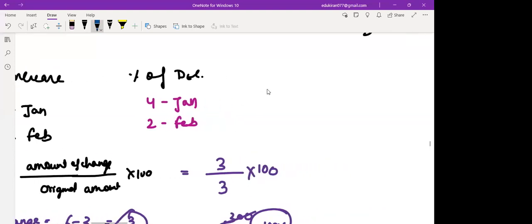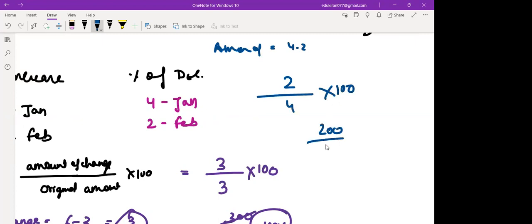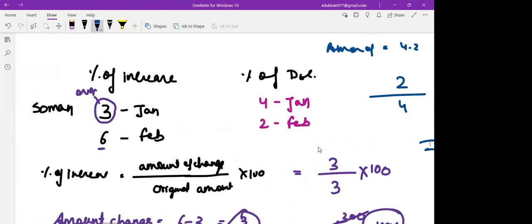The amount of change would be 4 minus 2, so 2. What was the original number? He scored 4. Multiply by 100, so 200 by 4. That means there is a 50% decrease in his marks. Clear? So you got how to find the percentage increase and decrease. Yes, ma'am.